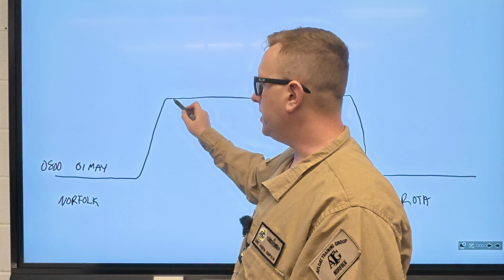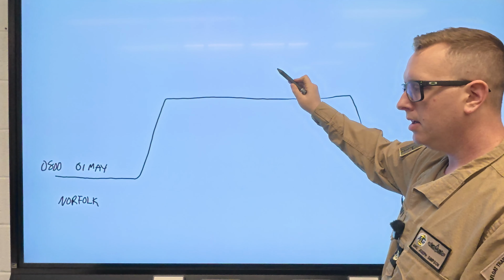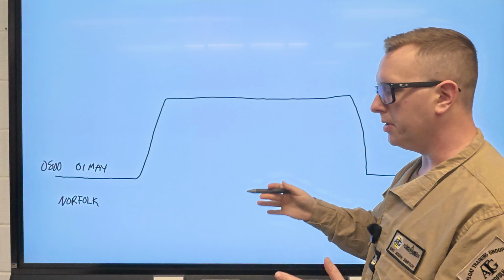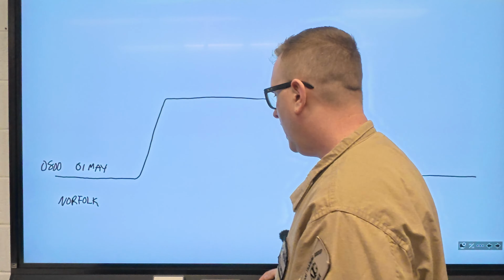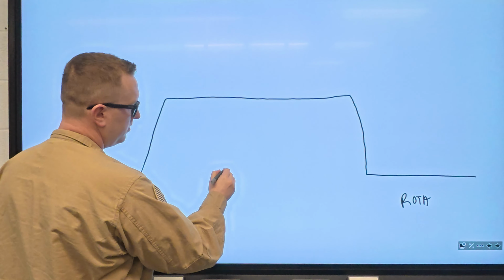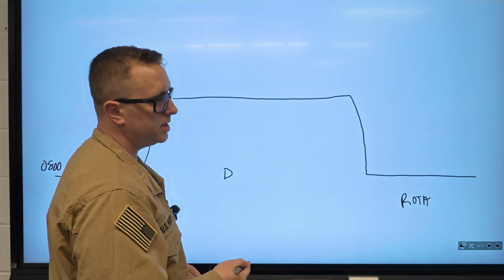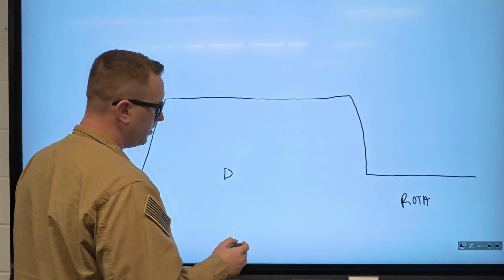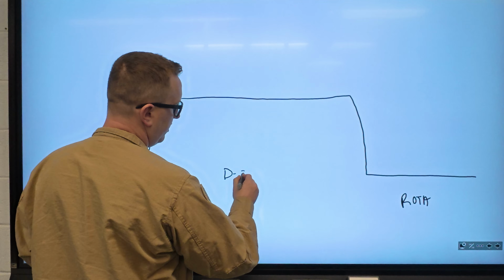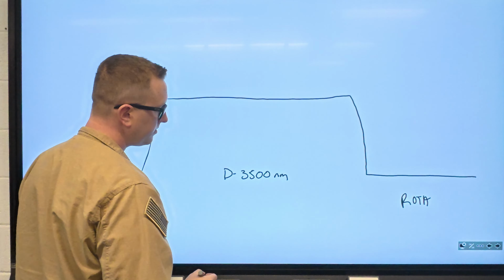Now you can think of this in different ways. With no information, we can't successfully get in the air to go to Rota, Spain, if you're thinking airplane. We need a lot more information before we do it. We need a distance between Norfolk and Spain, and you'll be able to find that in your distance between ports publications, or you can Google it, and I got a rough estimate of 3,500 nautical miles.